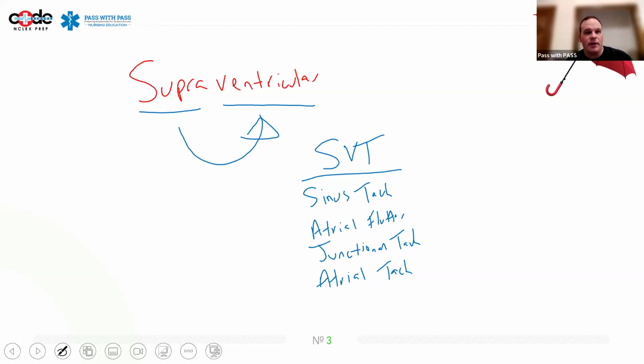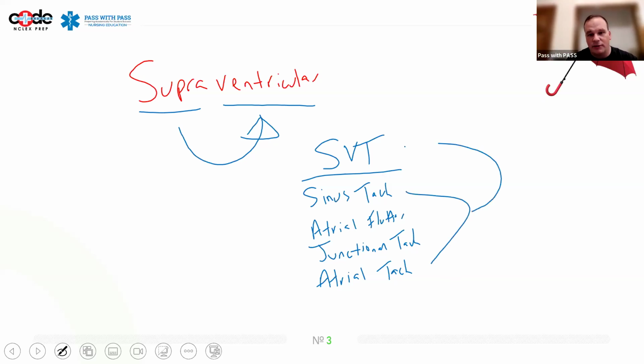So the reason for that SVT term is it's going so fast. I don't know if there's an upright P wave and a T wave because it's just firing, firing, firing. I don't know if there's sawtooth P waves in there because it's going so fast. There's not enough time for me to be able to distinguish that. So with those rates, we're unable to pick out those defining characteristics of these four rhythms.